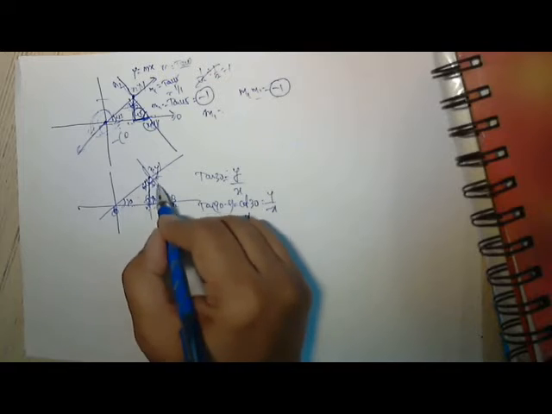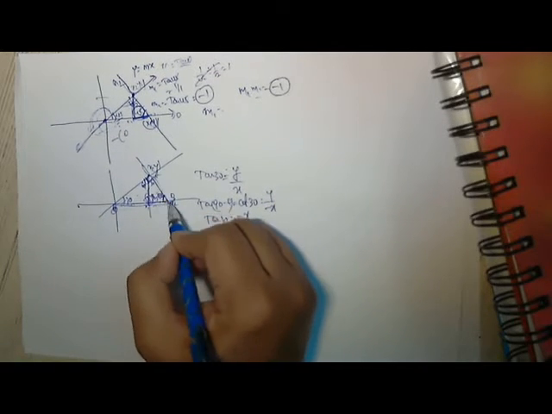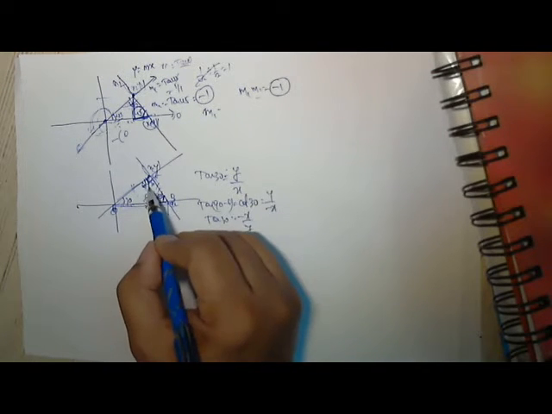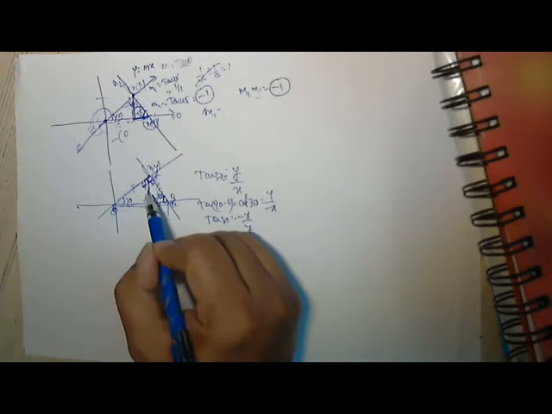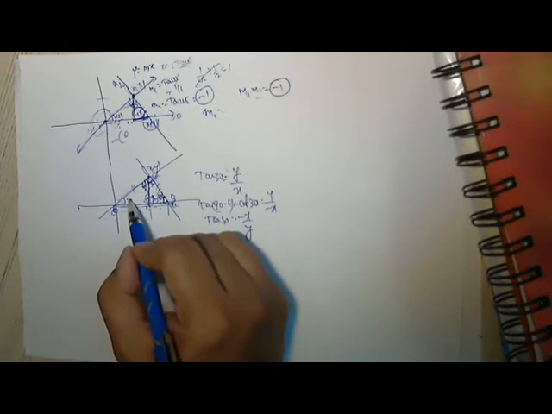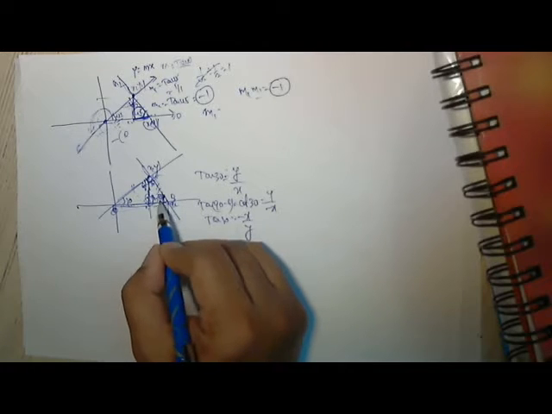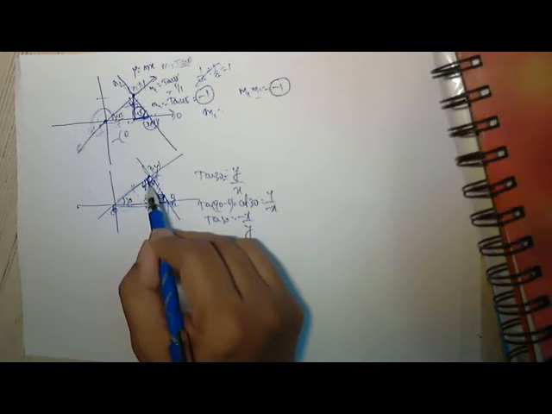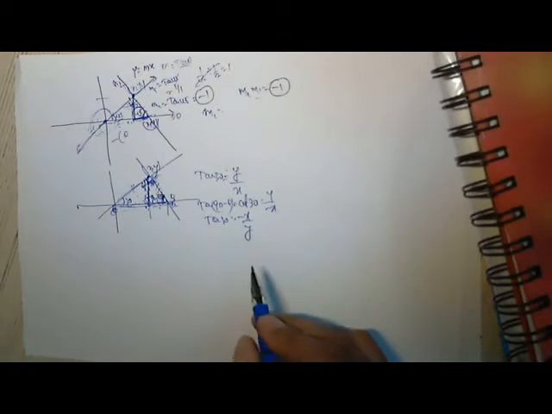For this triangle, this is the hypotenuse, and other than the hypotenuse, the ratios are y by x and x by y. So tan 30 is y by x, which is equal to cot 30, because the ratios are the same, being similar triangles.